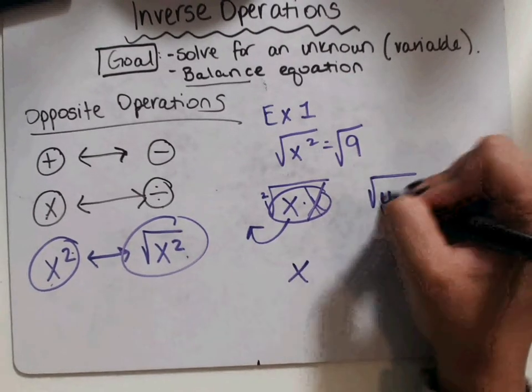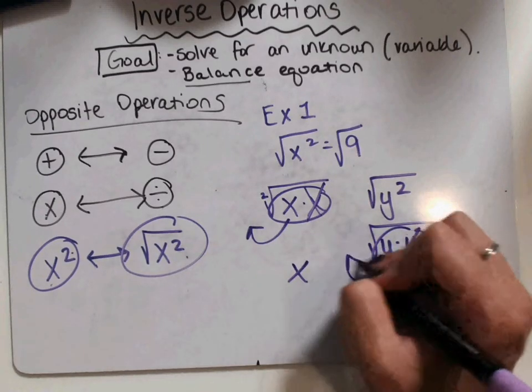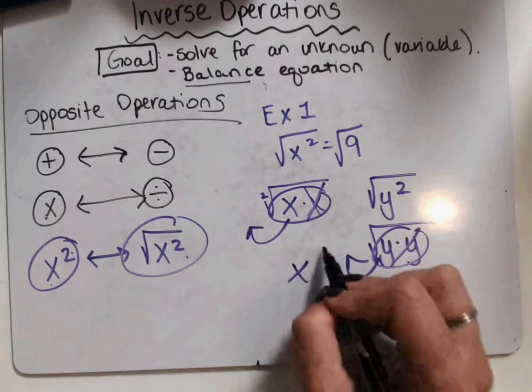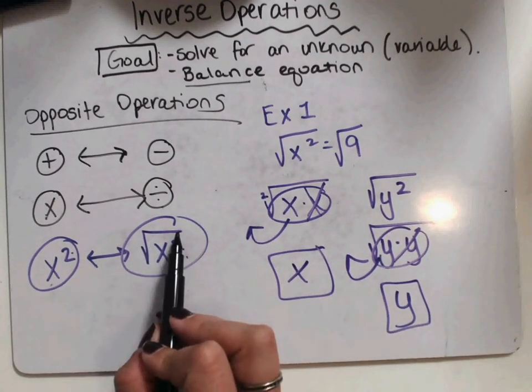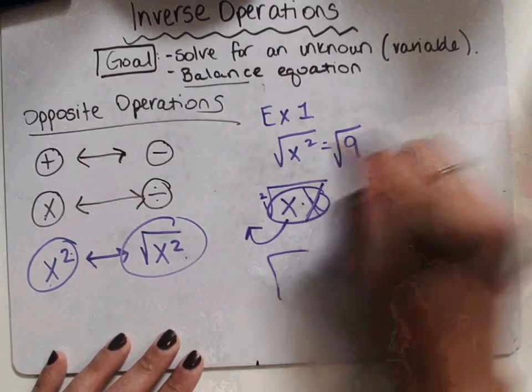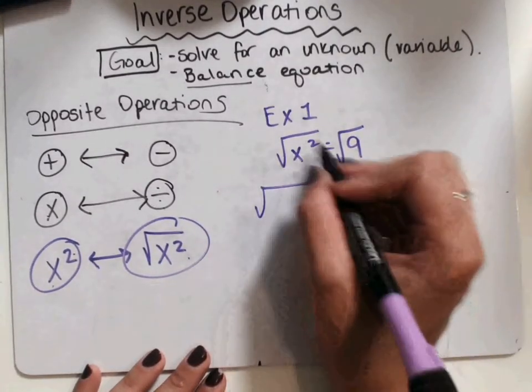Same if we had y squared. That would technically be y times y. So one can stay in and one can escape, right? Square roots are just a way of getting the variable by itself if it has an exponent. So we're thinking about what times what would give us x squared.